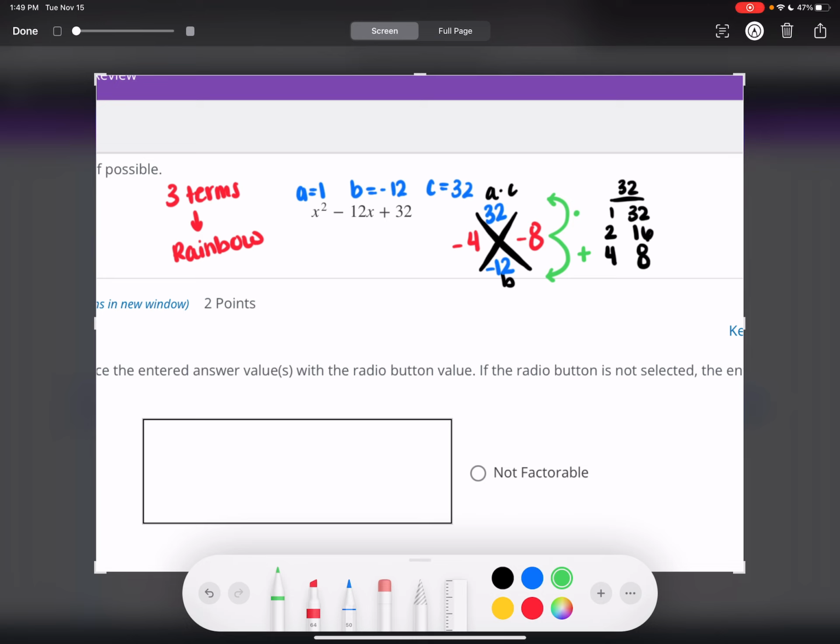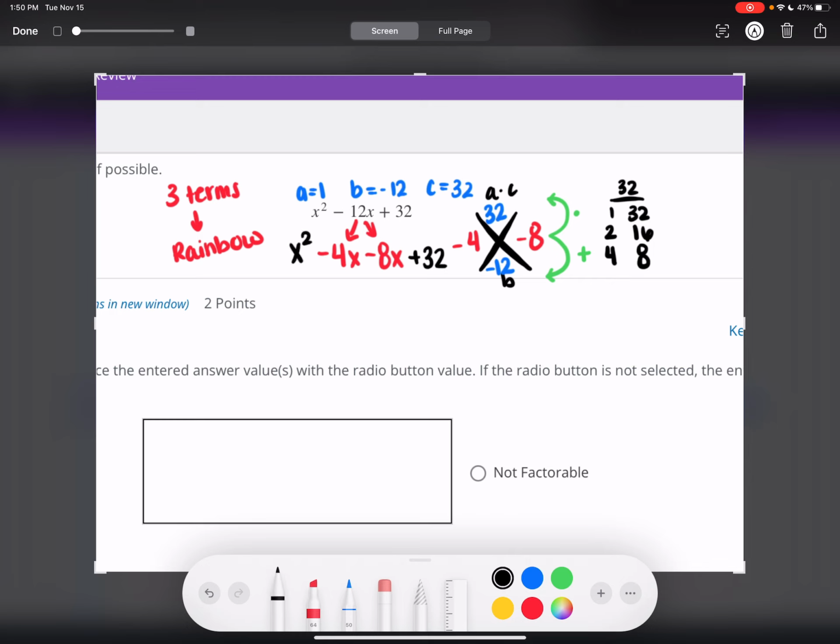Now there were two options. Because A is equal to 1, you could go to the shortcut, and we'll talk about that at the end. But just for sake of the video, I'm going to go through the long way, which said I'm going to take B out and replace it with my two factors that I found.